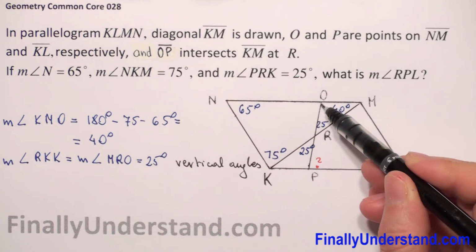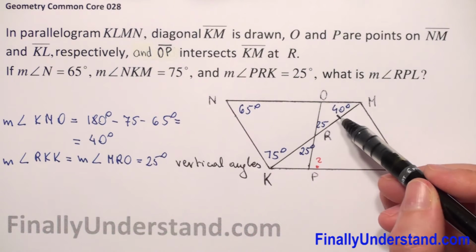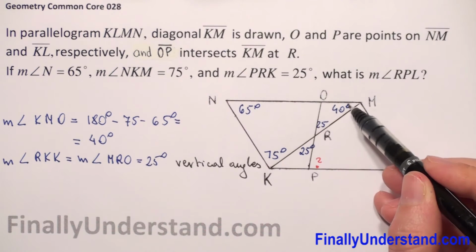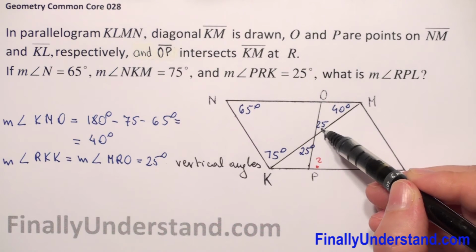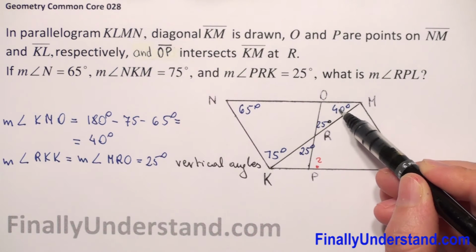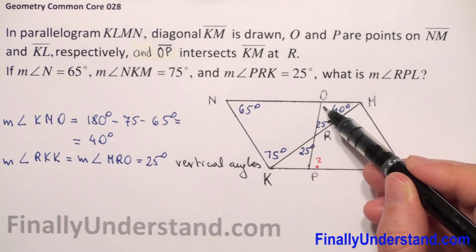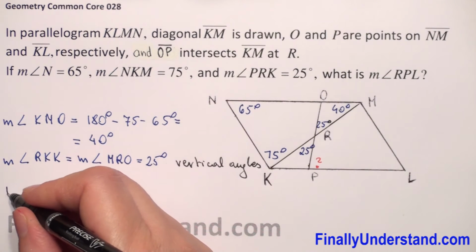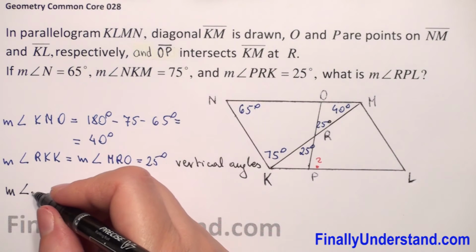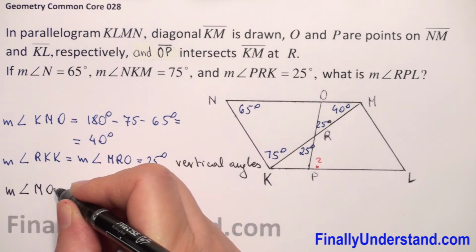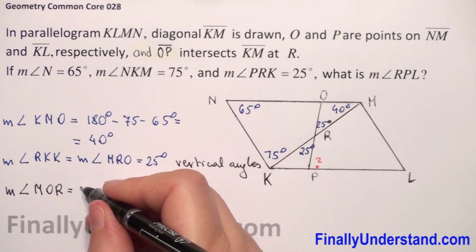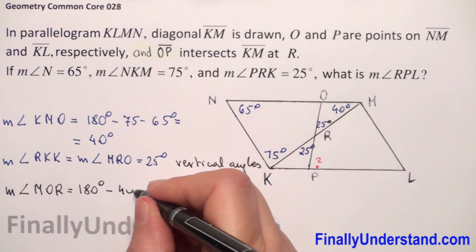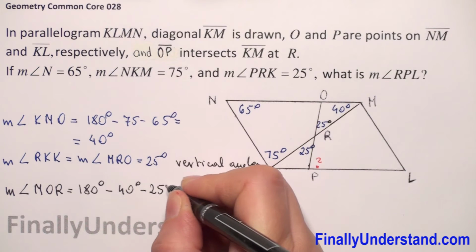We have here a triangle, and like I said, the measure of interior angles of a triangle is 180 degrees. So when we subtract this angle and that, we will have this angle. So we can write that the measure of angle MOR is equal to 180 degrees minus 40 degrees minus 25 degrees.